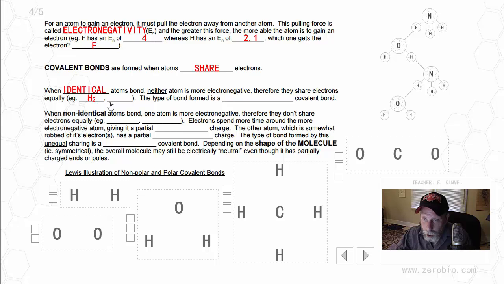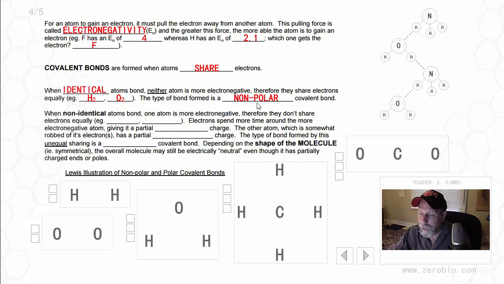And examples are these diatomic molecules, molecules with the same element, two of them, two H's, two O's. All right. Now, we're going to look down here later on at a Lewis illustration of this kind of molecule. There's H2 and this is O2. So we're going to look at some of these examples.